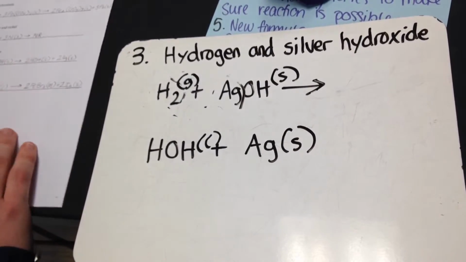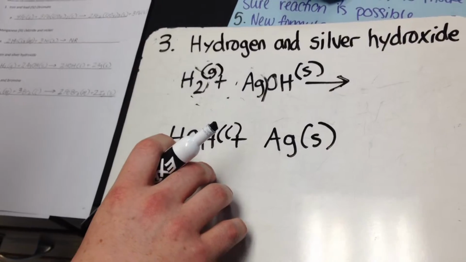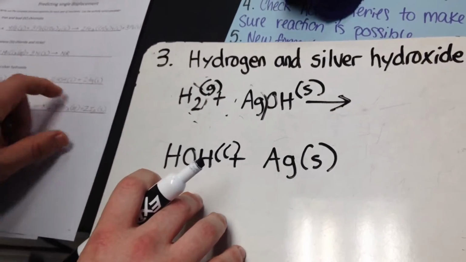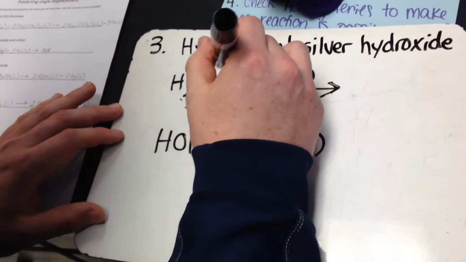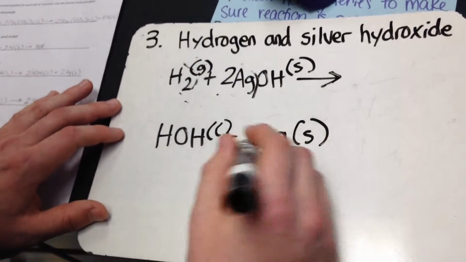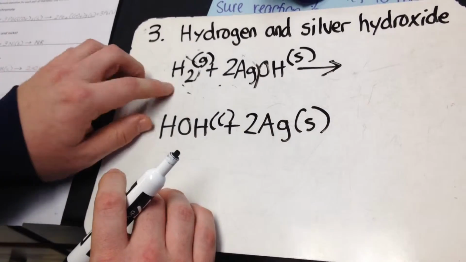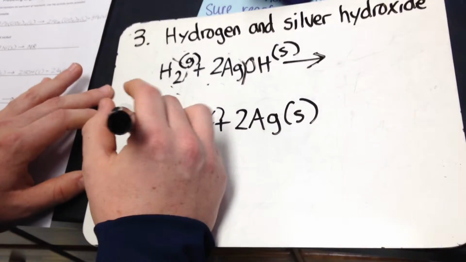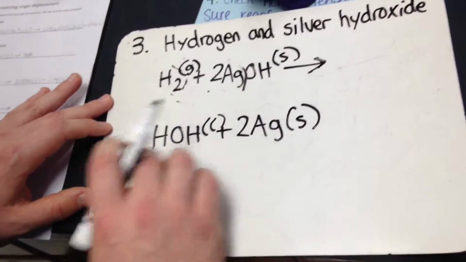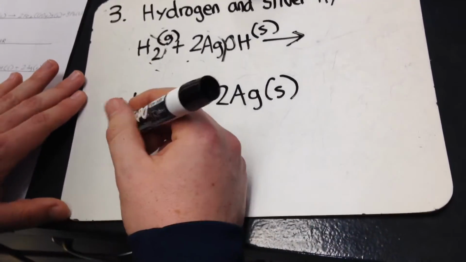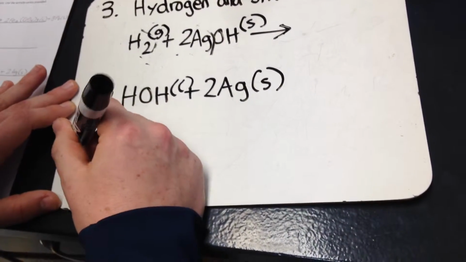Now all we need to do is balance it. We have that staying the same. You get a 2 right here, which means the silver on this side needs a 2, and the 2 hydrogens on this side, we need 2 because oxygen needs 2 oxygens up here. So I'm going to make this a little neater.